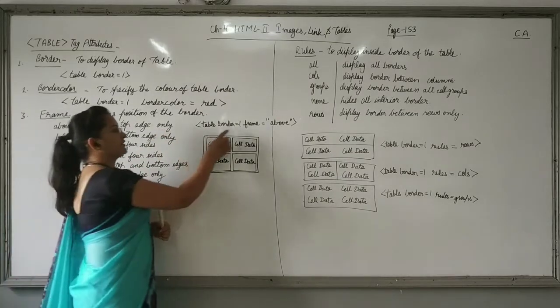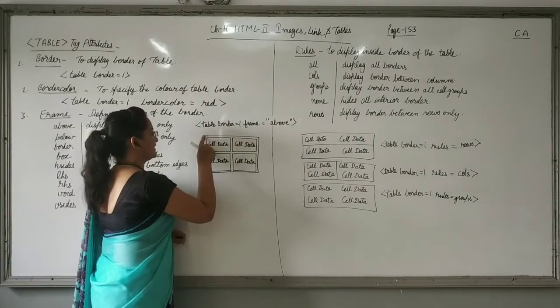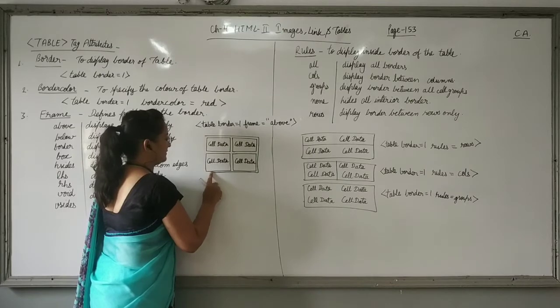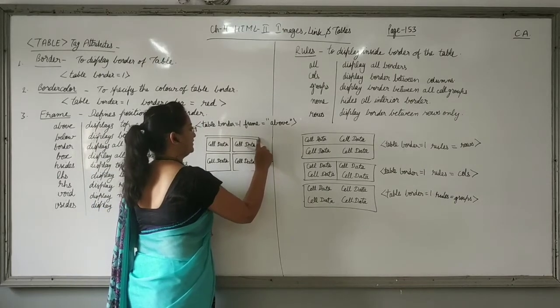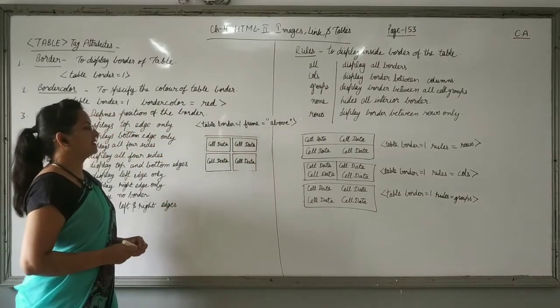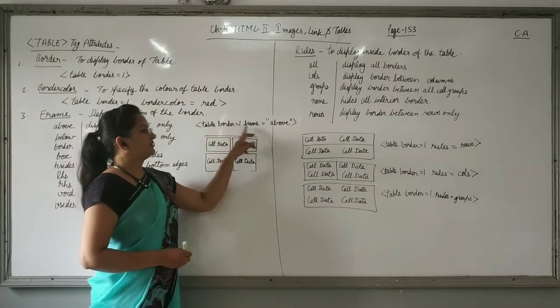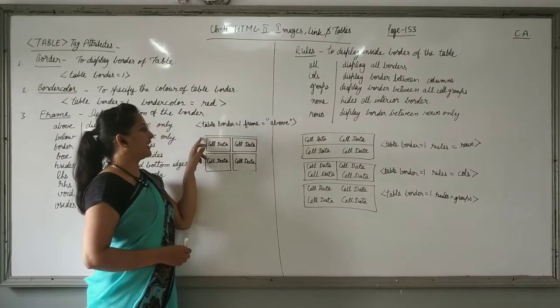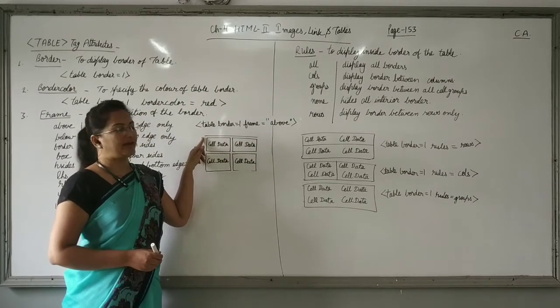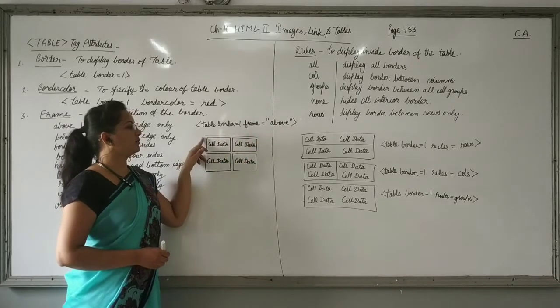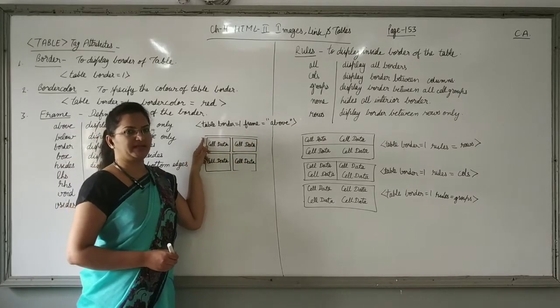If I write frame above, the rest of the borders will not be visible. I am talking about the outer frame. If I write frame equals to above, then only the above border will be visible.